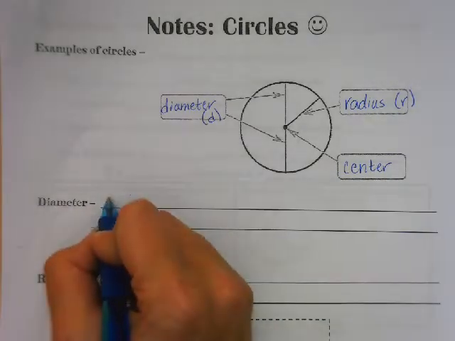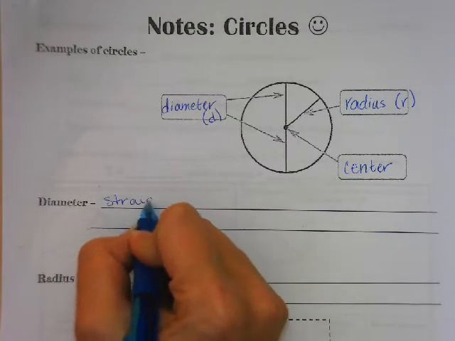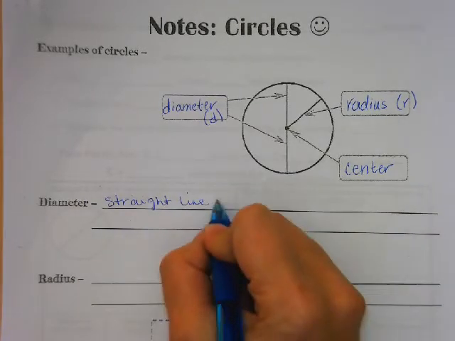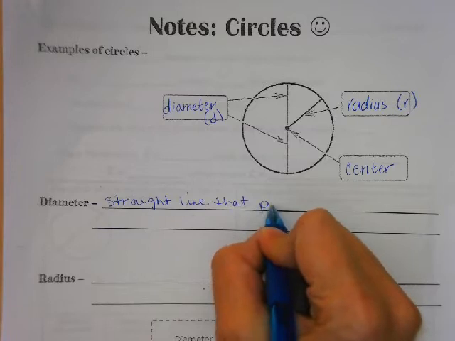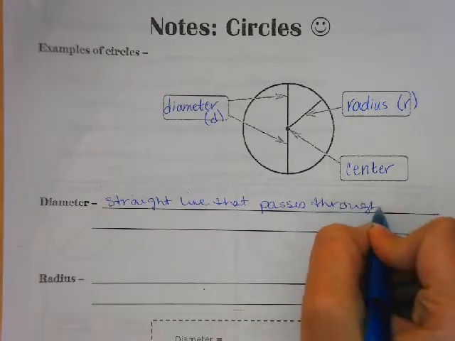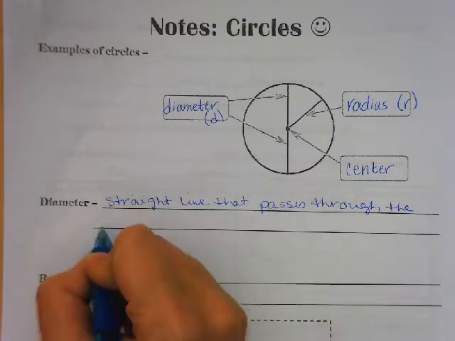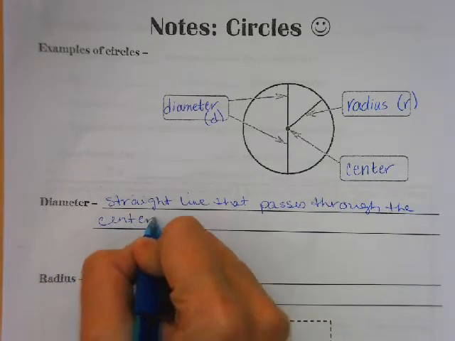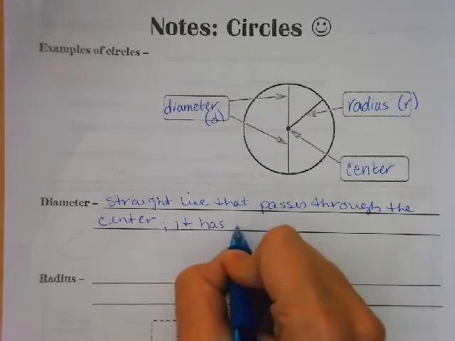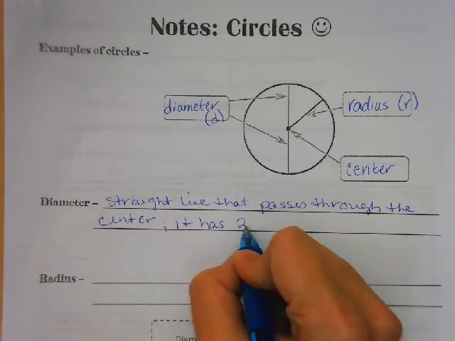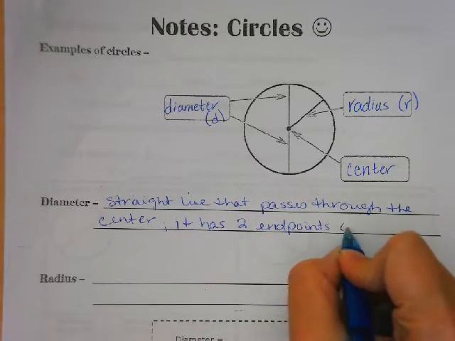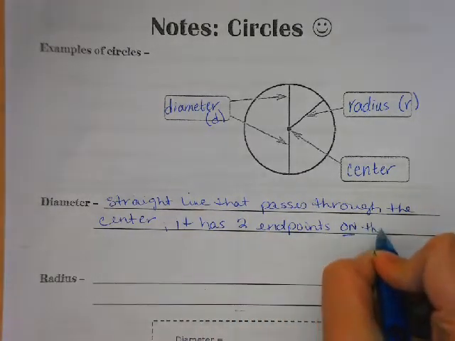A diameter is a straight line that passes through the center. It has two endpoints on the circle.